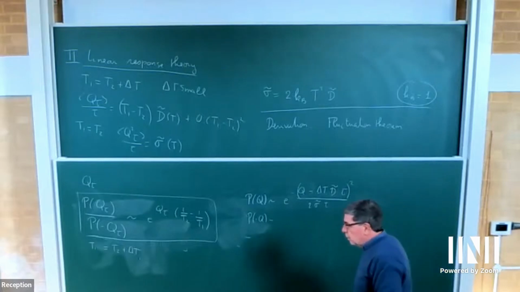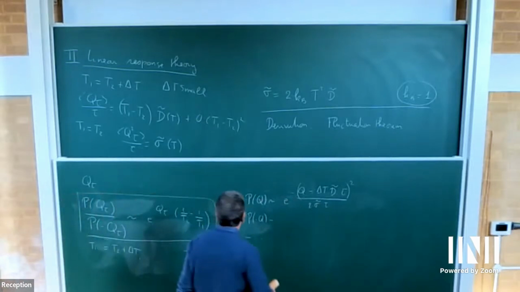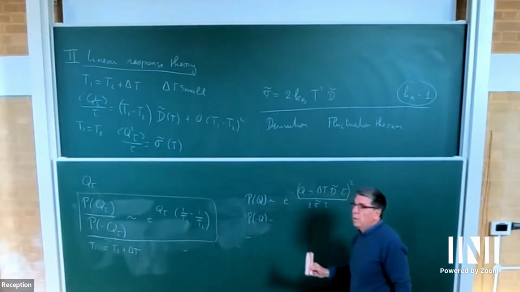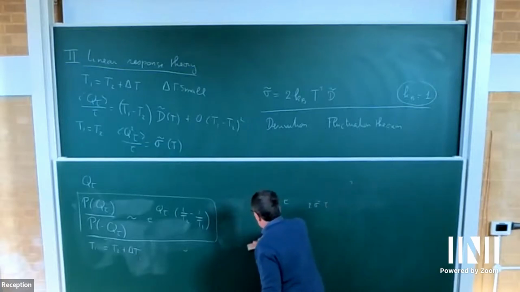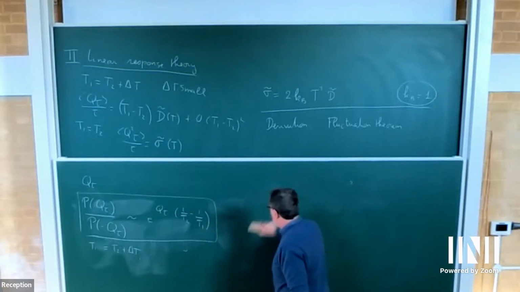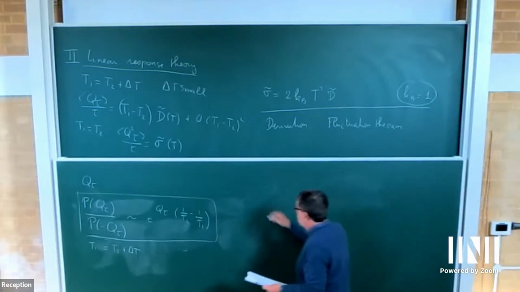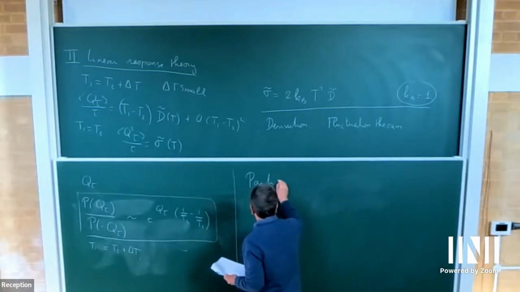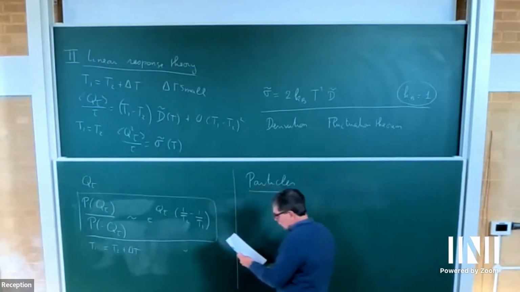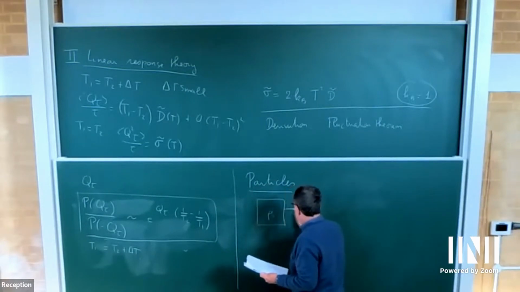Now, in this talk, I will mostly discuss not the flux of heat, but the flux of particles. But the theory is exactly the same. So imagine that I have particle systems. So I have 2 reservoirs of particles.